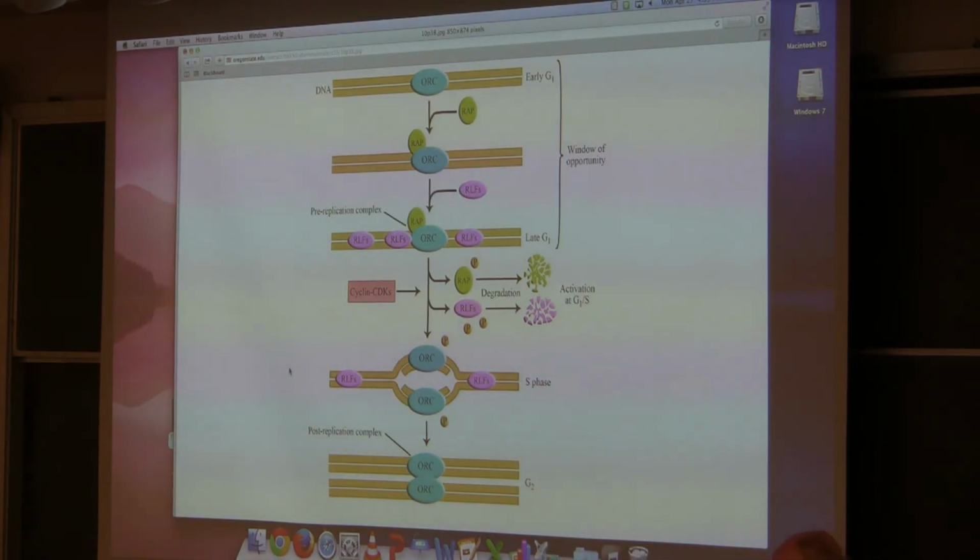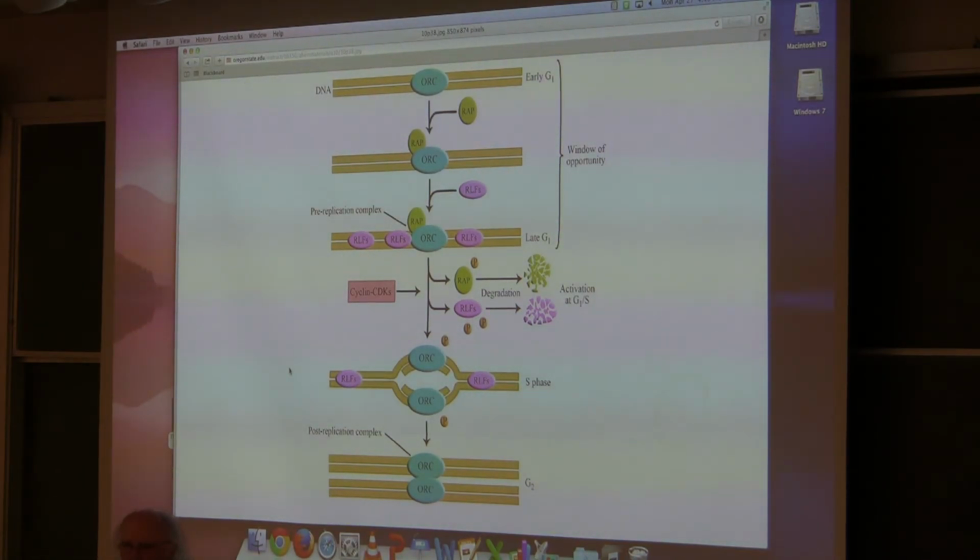Prokaryotic replication differs from eukaryotic replication in a few important ways. I told you earlier that prokaryotic cells have circular DNAs. Those circular DNAs replicate. They start at one place, and there's one replication origin on a prokaryotic DNA.